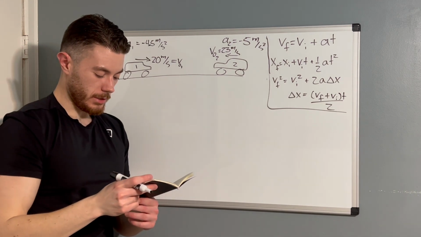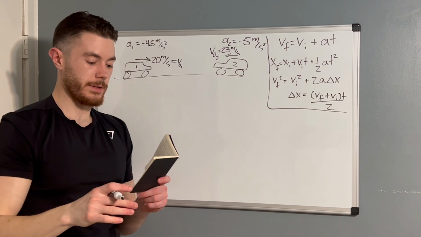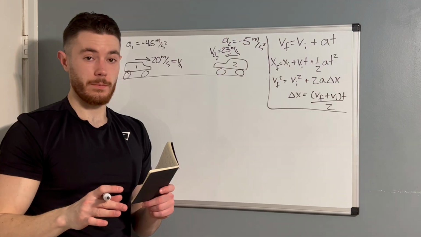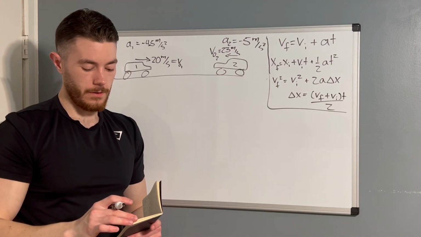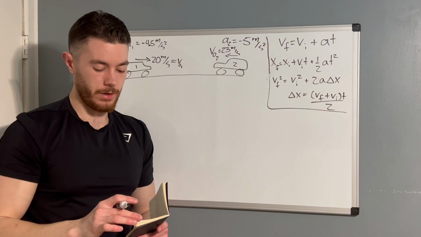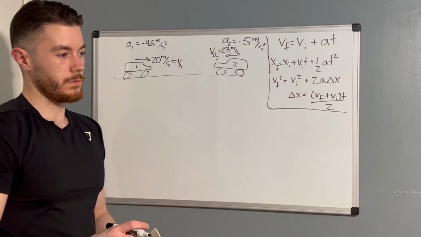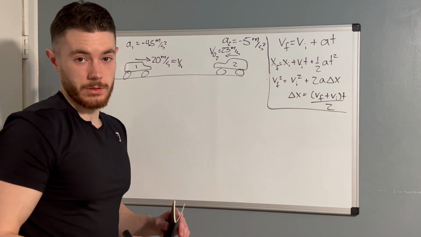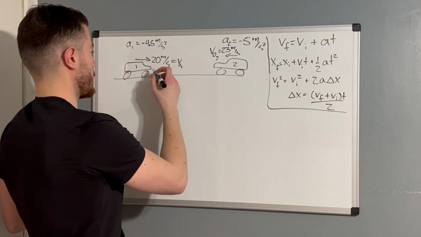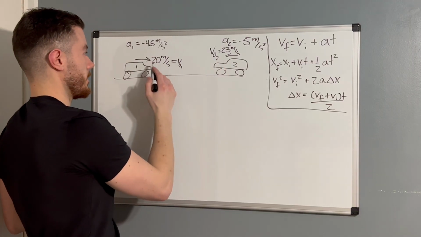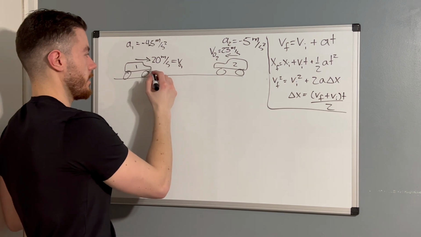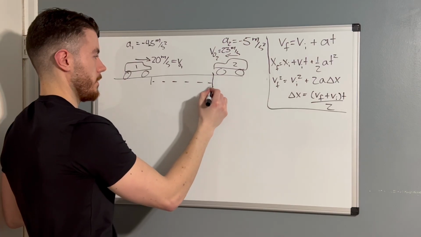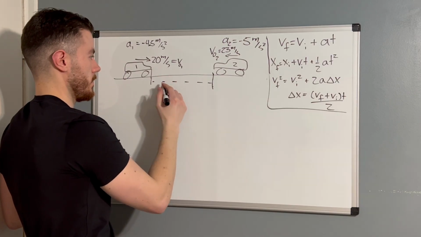At the instant the distracted driver, car 1, applies the brakes, the front of each car is separated by 117 meters. And then the problem asks us, is there a collision between the two cars? So we're only asked to find one piece of information.